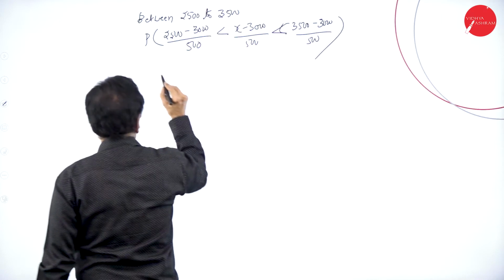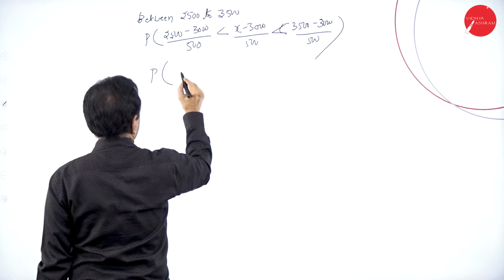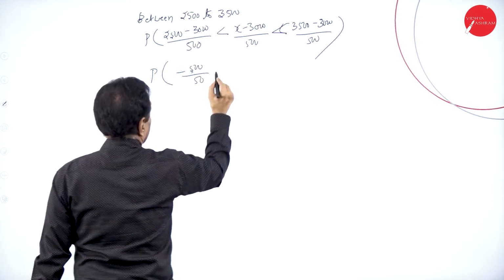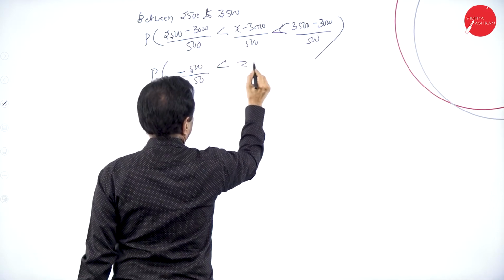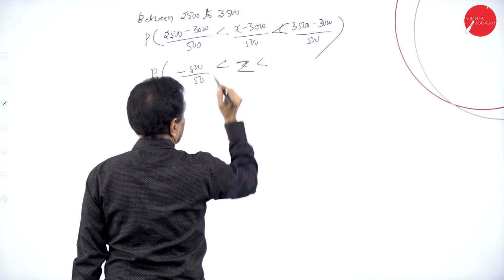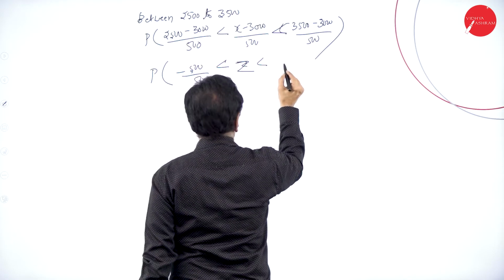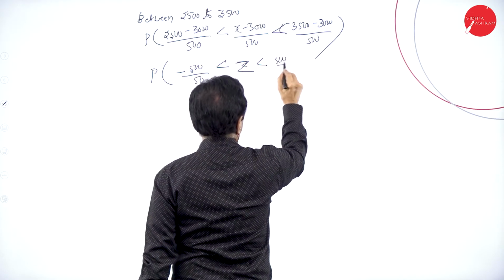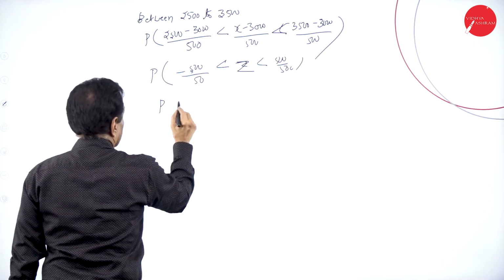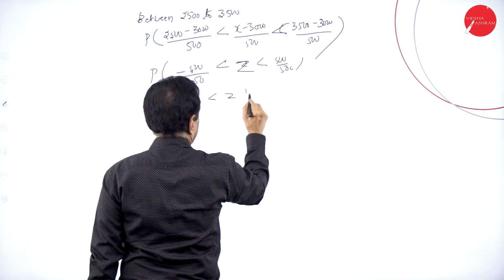Then P, deduct 2,500 minus 3,000 is minus 500 divided by 500, less than Z, less than 3,500 minus 3,000 is 500 divided by 500, positive. So P of minus 1 less than Z less than positive 1.